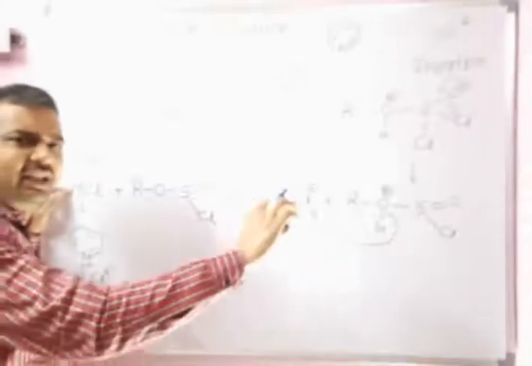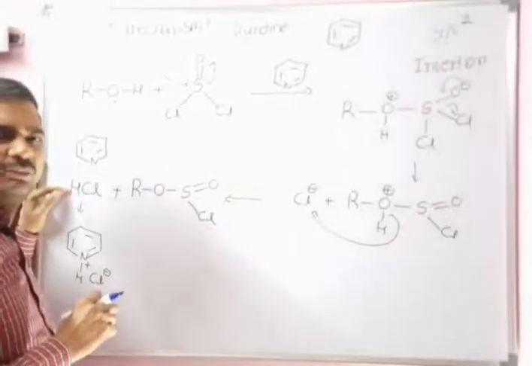This is pyridinium hydrochloride. HCl is formed as a byproduct here. In case of neat condition, during the evaporation, HCl will be eliminated. That is SNi, retention of the configuration will take place.